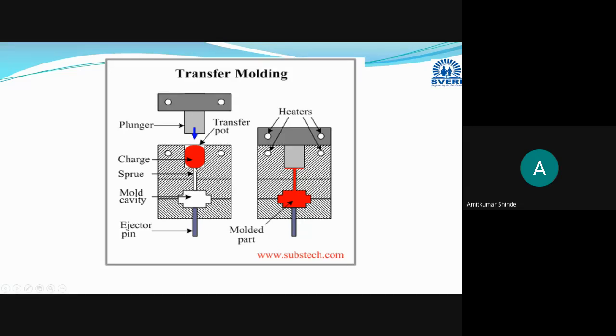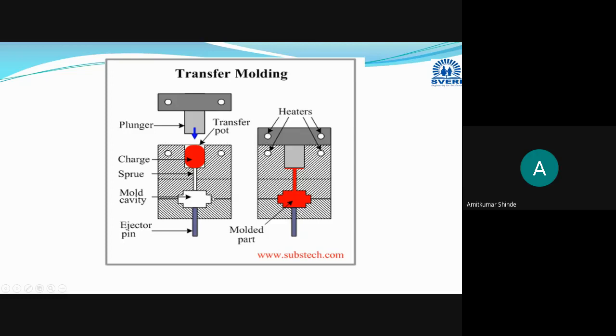Now it transfers through this sprue into the mold cavity, whichever shape and size you want for your desired product. Through the sprue, the material enters the mold cavity.